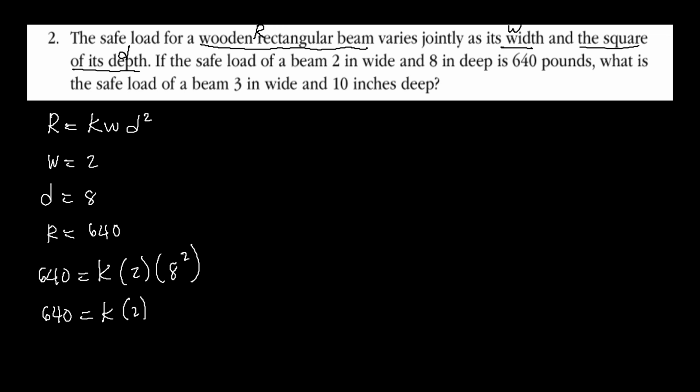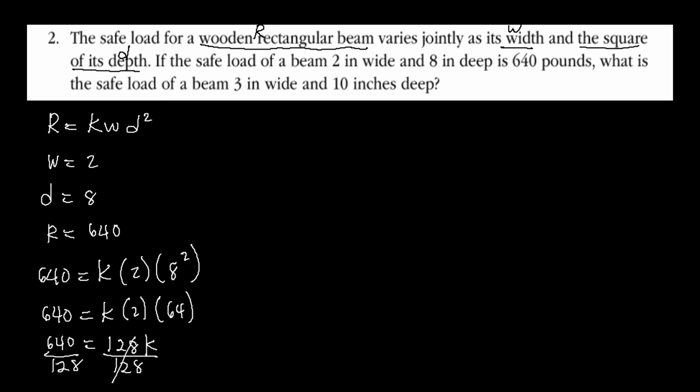Unahin muna natin yung exponent. May exponent. So 8 times 8 is 64. Okay, 640 equals K times 2 times 64. We have 128K. So we need to divide both sides by 128.